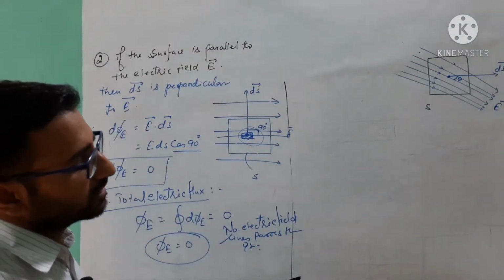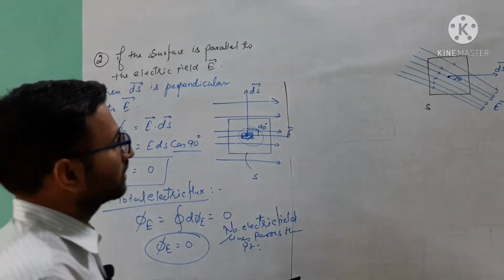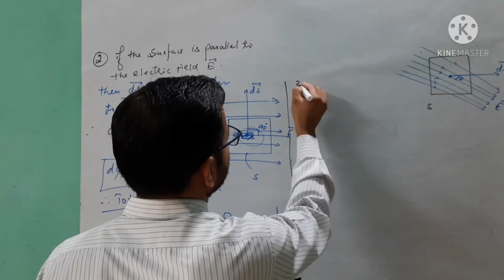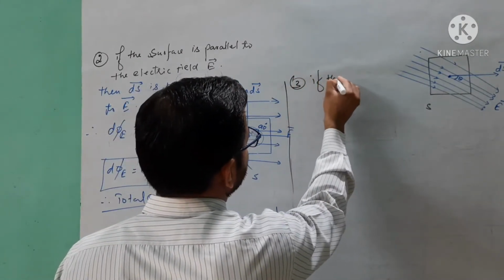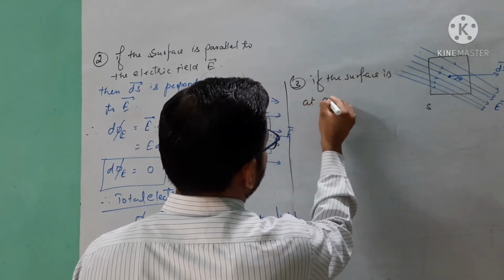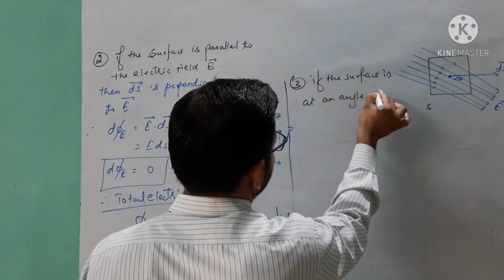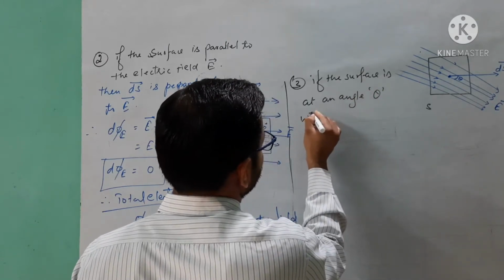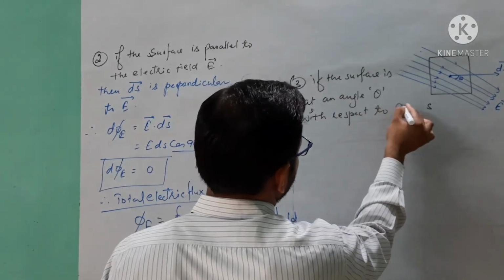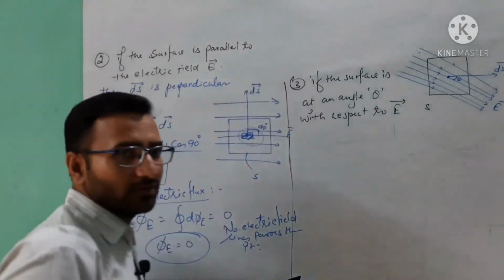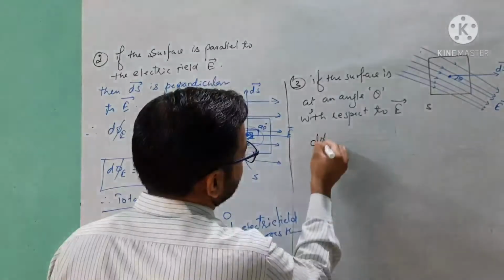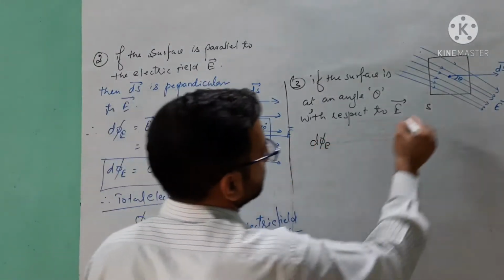So for this condition, the third condition, if the surface is at an angle theta with respect to the electric field, then the electric flux passes through it.